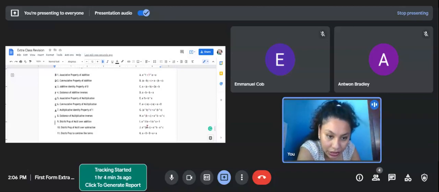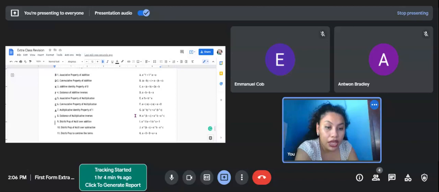And if I take a look at everything that is left here, the only one that shows that is letter H, which has A times open bracket B plus C is equal to A times B and A times C. The A on the outside is times the B, and then the A is times the C. Sorry. So then you would have A times B plus A times C.